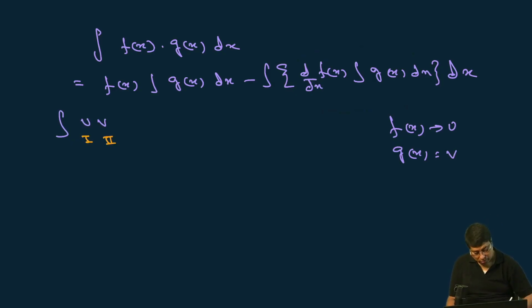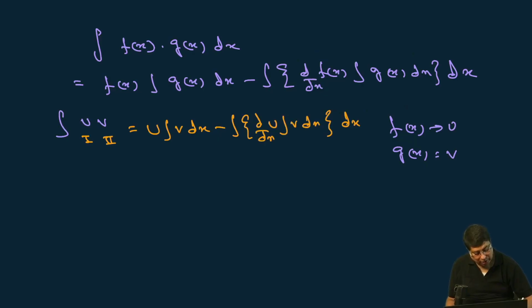Now, u times the integration of v, minus the derivative of u times the integration of v, on total once more integration. Now what about the first function and second function? There is a rule, but we can violate the rule also.